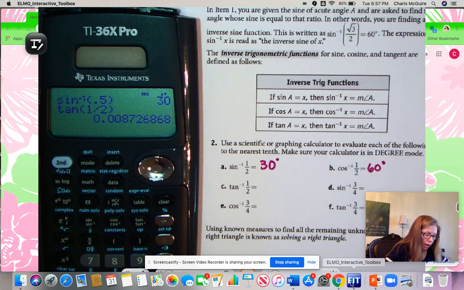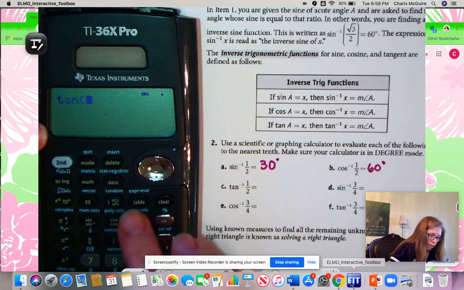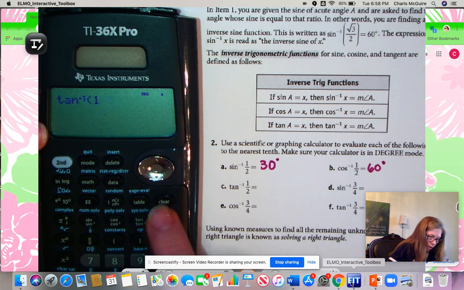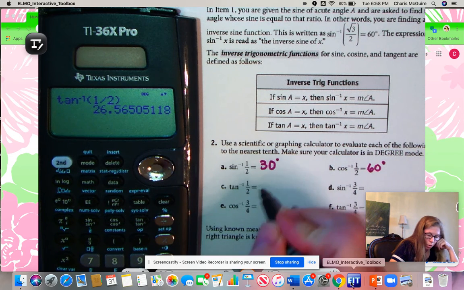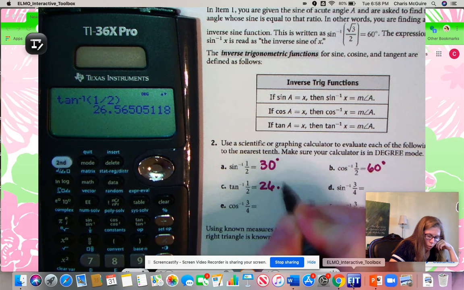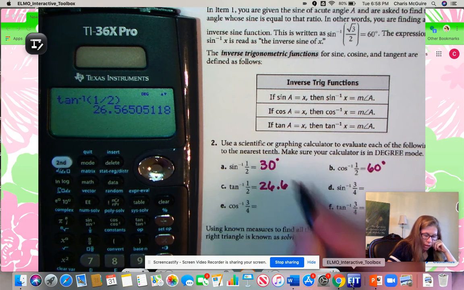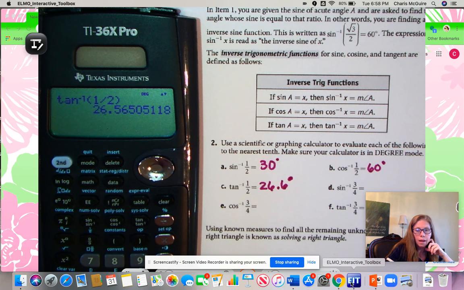And you get a very small number, and it says to round to the nearest tenth. That doesn't even have a tenth, does it? Oh, I did tangent. Look at my thing. I didn't do it right. Clear. Sorry. Double click. 1 divided by 2. Oh, there we are. Round to the nearest tenth. 26.6. And this is degrees, right? We're getting the angle measurement.